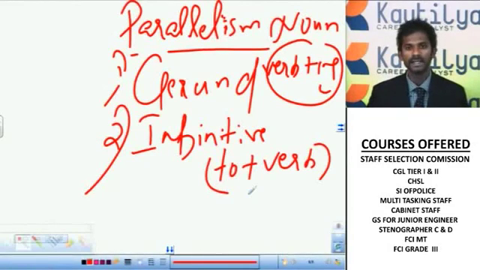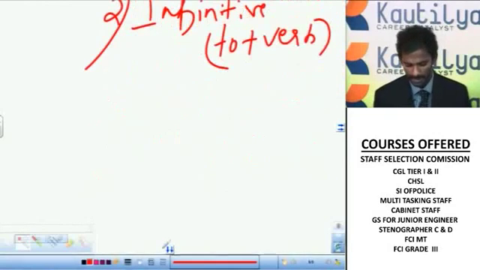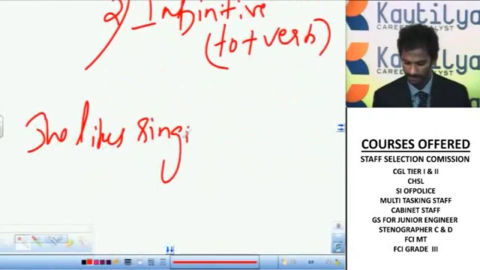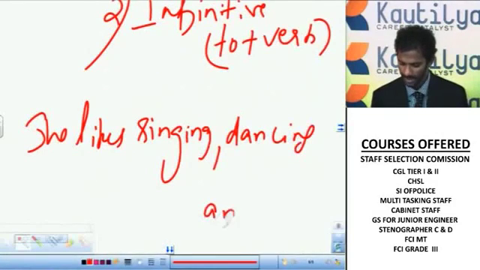If one idea is in the ing form, verb plus ing, all the other ideas must also be in the ing form. If I go for a sentence like, she likes singing, dancing and playing.